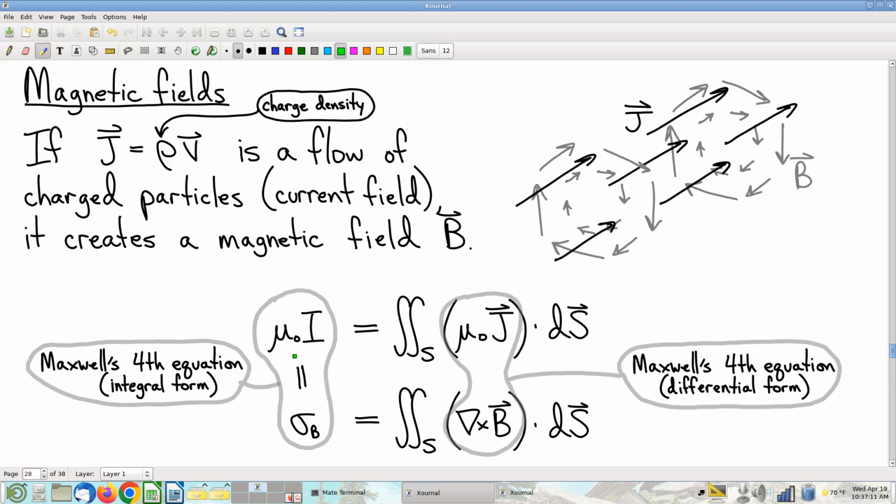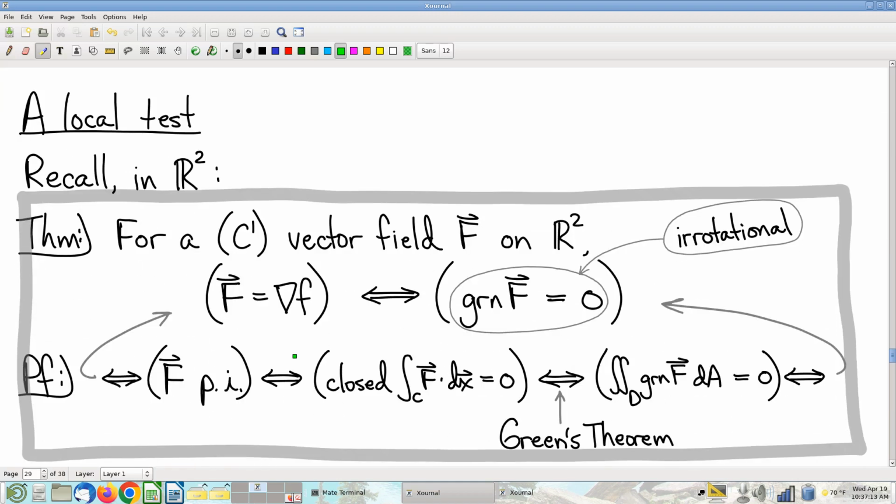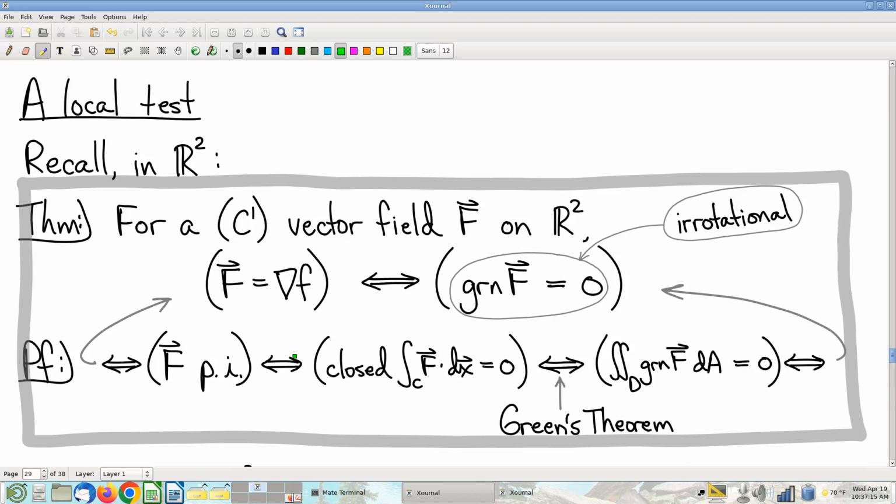Okay. All right. So, y'all may recall this discussion here. This is a copy, straight up, Control-C, Control-V, literally, of the discussion we had back in Chapter 6, where we talked about a local test. Namely, if you have a vector field, and you'd like to know if that vector field is or is not a gradient, how do we decide? The answer ended up being just look and see what the Green's operator does.